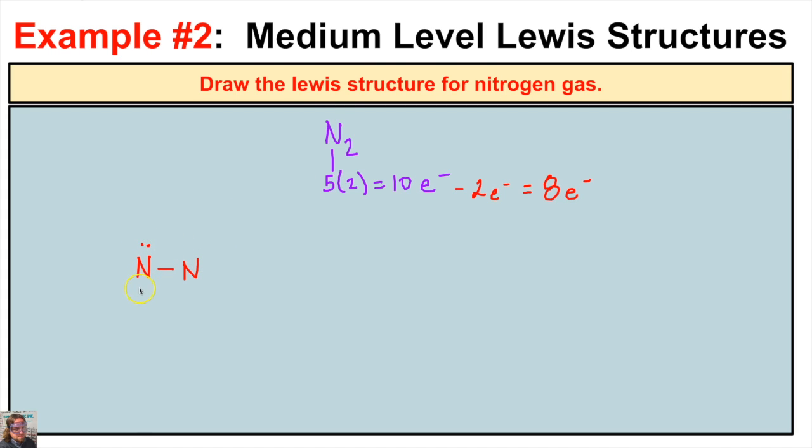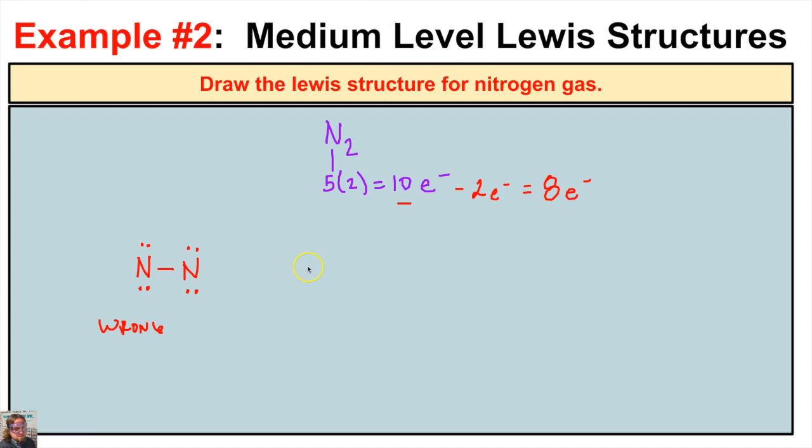So here we go, 1, 2, 3, 4, 5, 6, 7, 8. And you say to yourself, okay, I'm done. Well, let's take a look at this. We've used 2, 4, 6, 8, 10 valence electrons. But does each nitrogen have 8 valence electrons surrounding it? This nitrogen here only has 2, 4, 6. This nitrogen here only has 2, 4, 6.